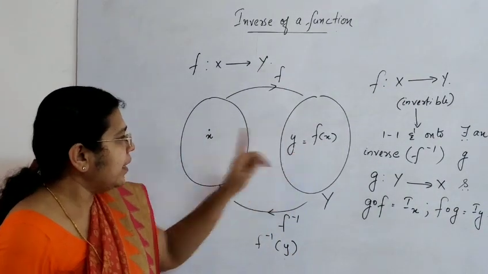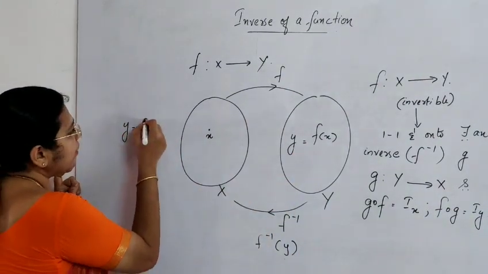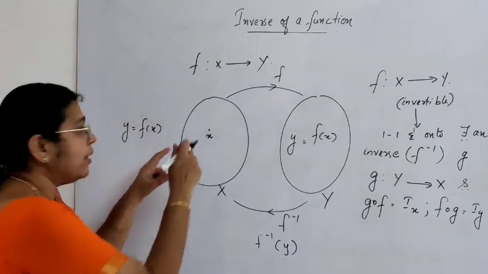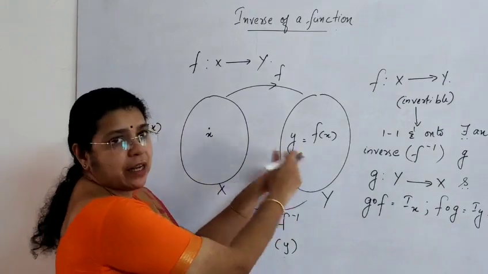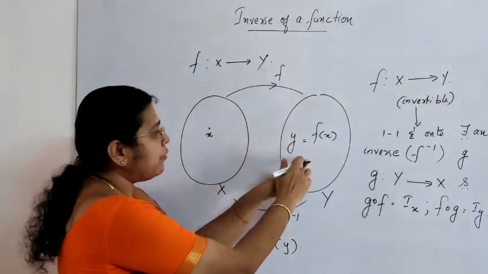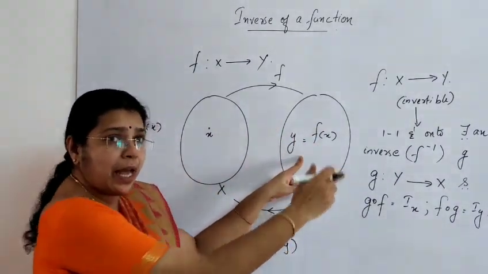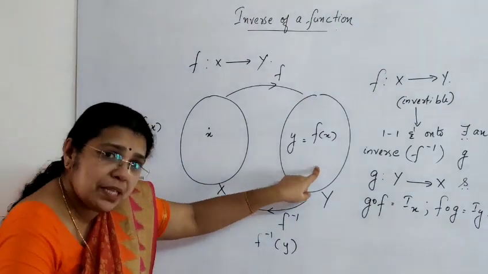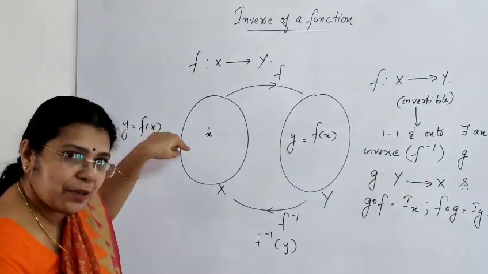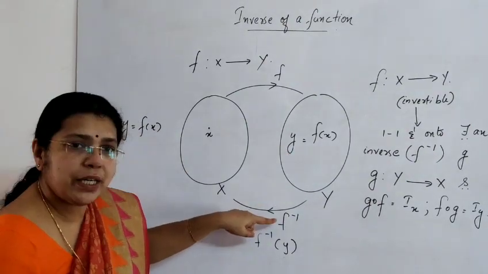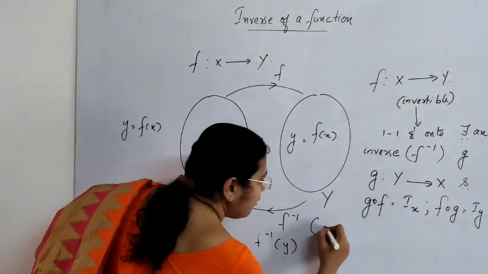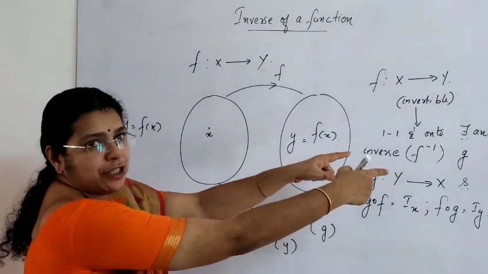You get me? Here you got y equal to f of x. x is mapped under the function f to give you y equal to f of x. Now I am coming from this side to the other. I am talking about f inverse. f inverse is g. I can write f inverse as g also, because in the definition you have that g.